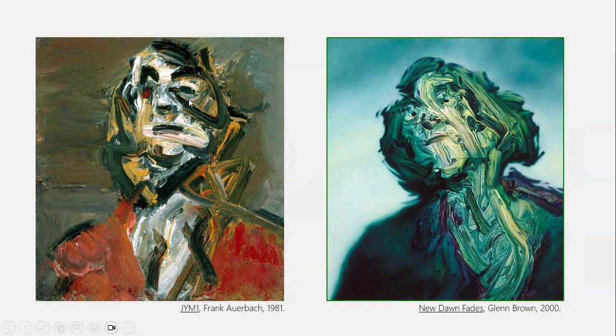But in fact, this painting is pretty built up. It sticks a good almost half an inch off the surface in places. This painting is completely flat. All of this work that looks like brushstrokes that are really built up is not actually built up. It's done with a tiny little brush to mimic the look of those brushstrokes being really built up, which is an interesting idea to pursue.